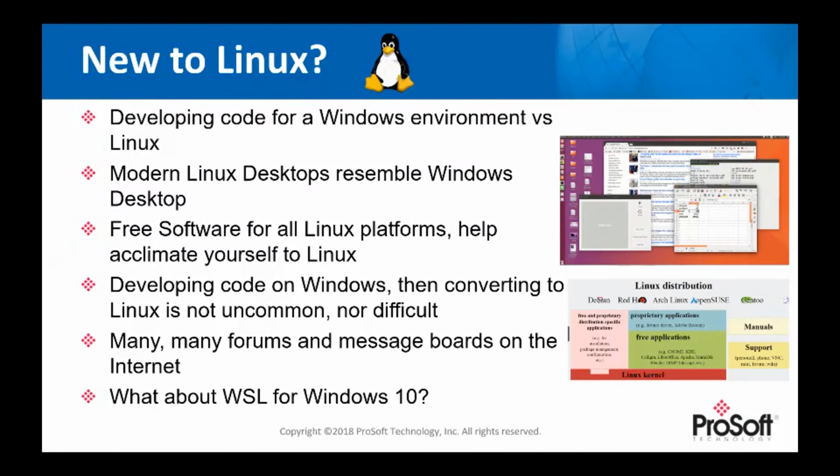And oftentimes, all you're doing is making a few lines of code changes where maybe Microsoft does something one way, but in Linux they do it slightly different. So you just have a line of code that says if we're running Windows, do this. If we're running under Linux, do this. So oftentimes very little code has to change to make a program that was dedicated to run on Windows compatible with Linux.